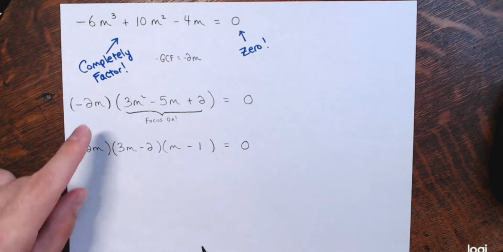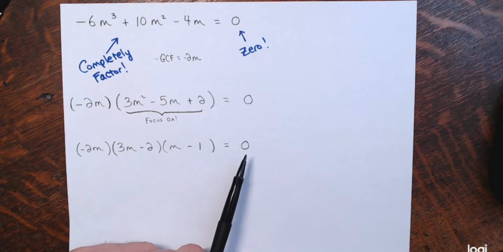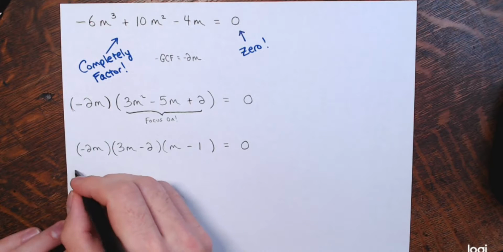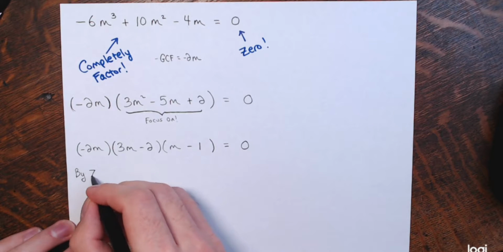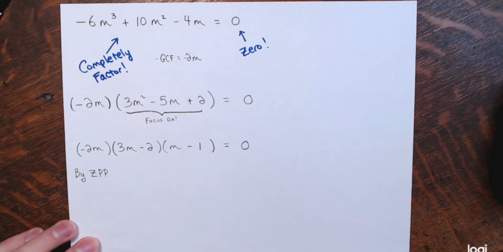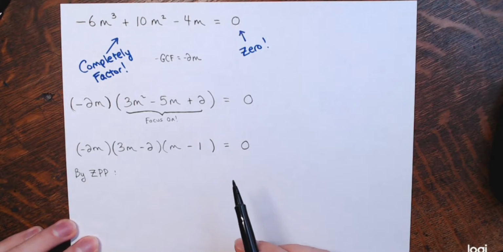Alright, so now I have what I want, right? I have a polynomial that is completely factored on one side and 0 on the other side. So now, by that zero product property that was mentioned, right, and I'm labeling it ZPP, if a product equals 0, then one of the factors must be 0, at least one.